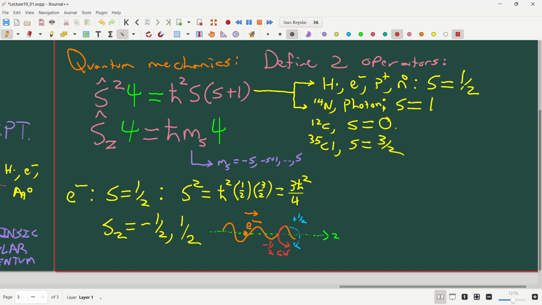And when this interacts with a magnetic field, you have a magnetic field applying a torque in some direction. So if the magnetic field is applying torque in this direction and your system's rotating this way, they're going to work together. When you add the angular momentum applied by the magnetic field to the rotating object, they'll work together, or they can work against each other. You can fight against the field.